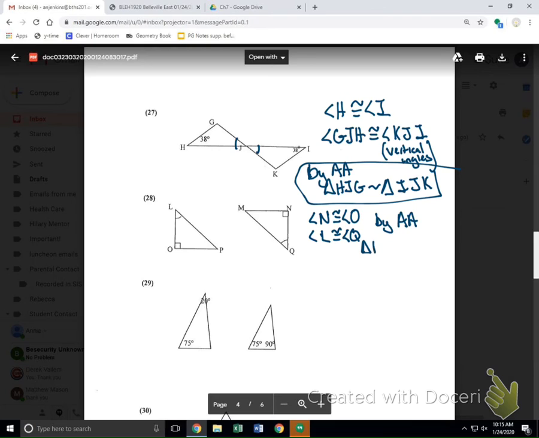Again, make sure they line up. I like to read down, but they grouped them wrong. So triangle NQM is similar to triangle OLP by AA.